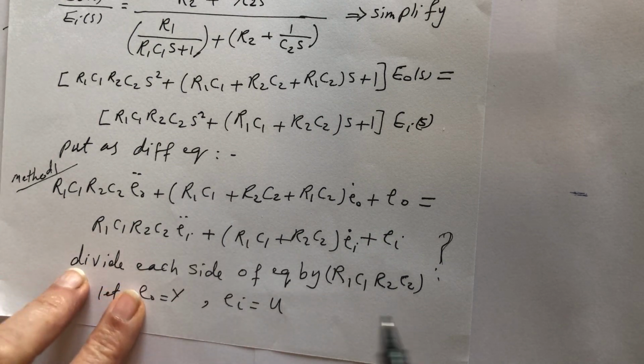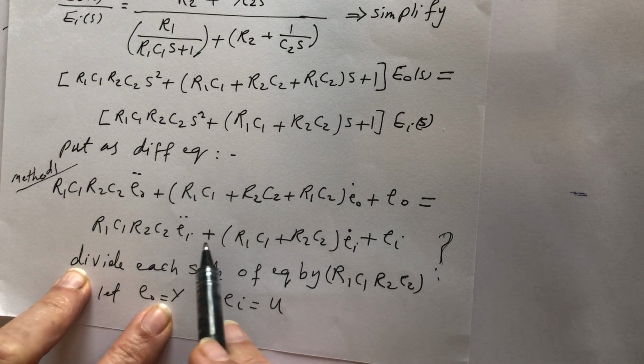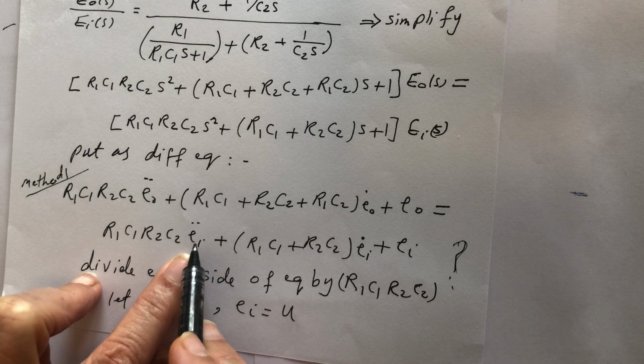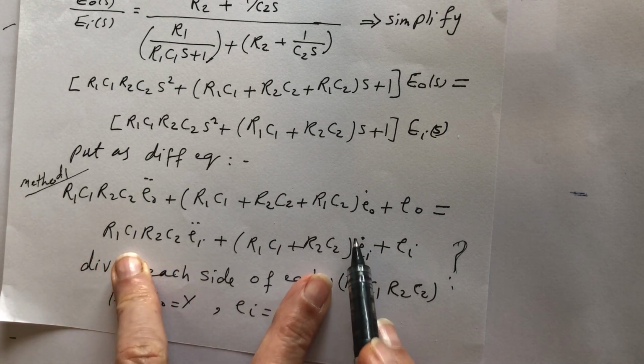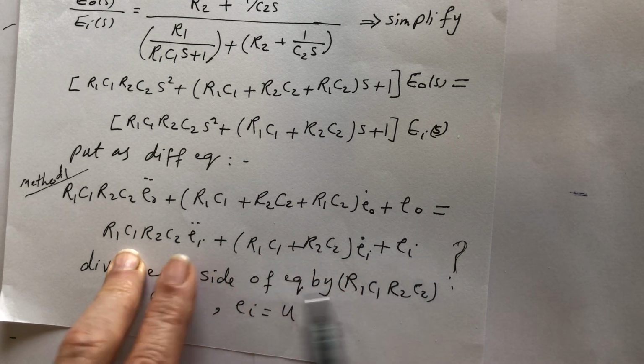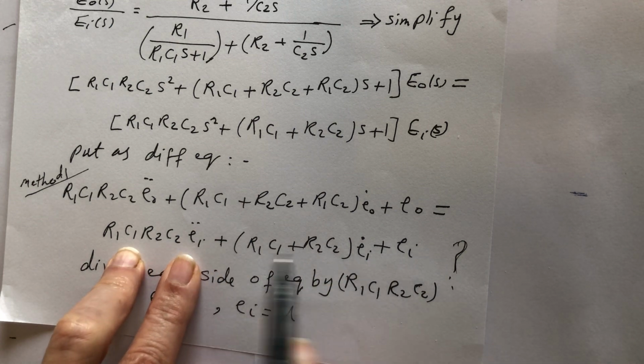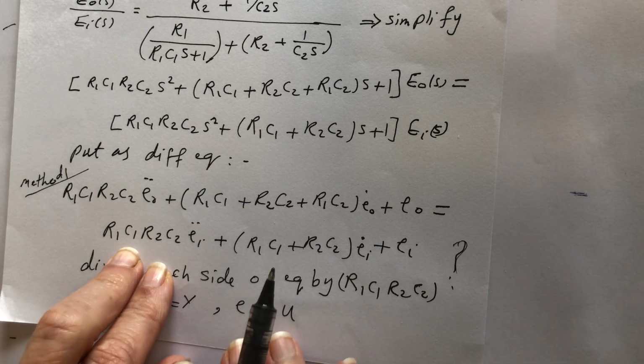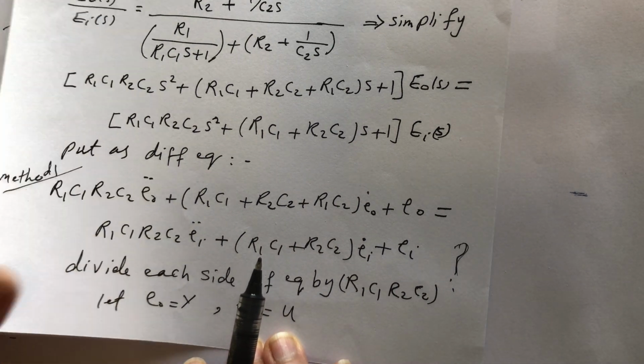Because that method is more difficult, look here carefully, I have E1, which is the input, double dot, plus E1 dot, plus En. If I have the derivative of the input and the second derivative of the input, I told you the method will be more difficult. The best way is the block diagram.